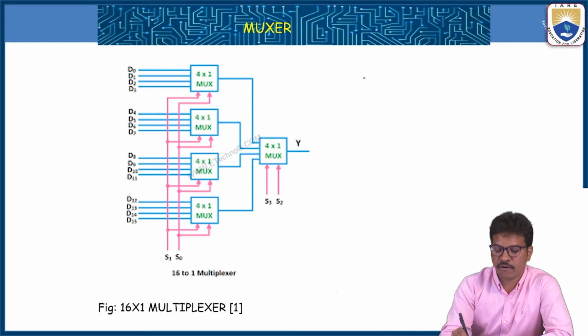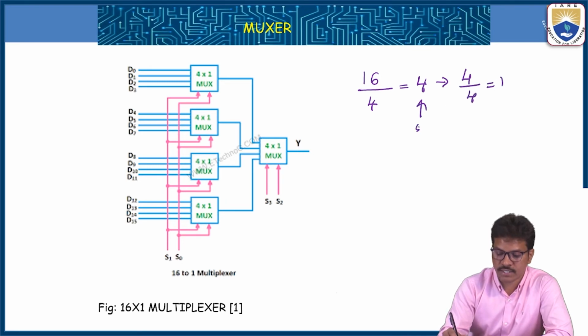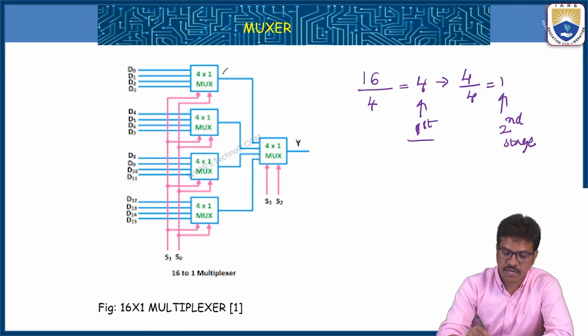Take the same formula: 16 by 1 multiplexer, the higher order, divided by 4 by 1, the basic multiplexer we implement with, gives 4. Again take 4 divided by 4, you get 1. So the first stage has 4 multiplexers of 4 by 1, and the second stage has only one multiplexer.